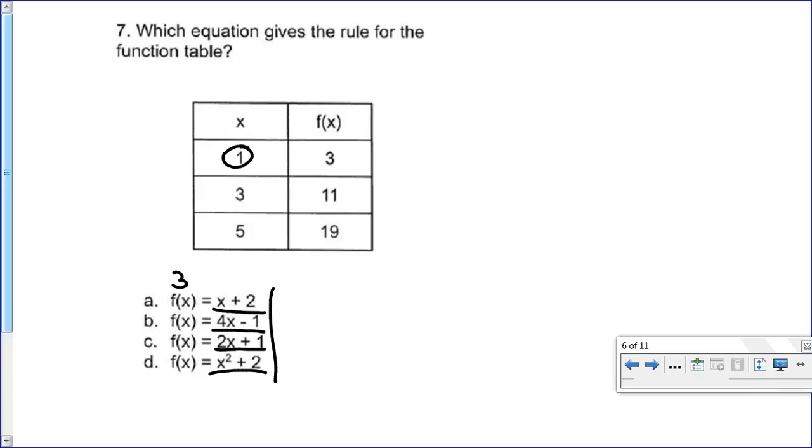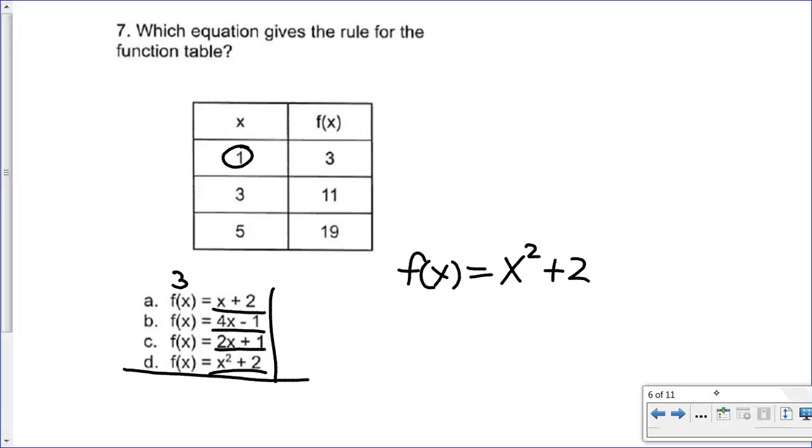Okay? That's what they're saying. So we just have to pick, we have to just plug and chug. So I'm just going to pick one. Hopefully it's not the right one. We'll see. Actually, okay, I'll pick the last one. I'll pick D. It's probably not going to be D. So we're just going to say, well, whatever we're looking for, our f of x, if f of x equals x squared plus 2, well, we just need to evaluate.